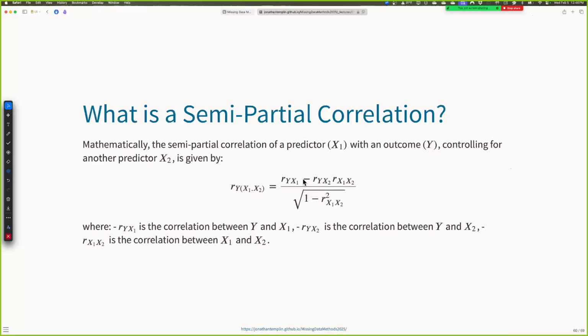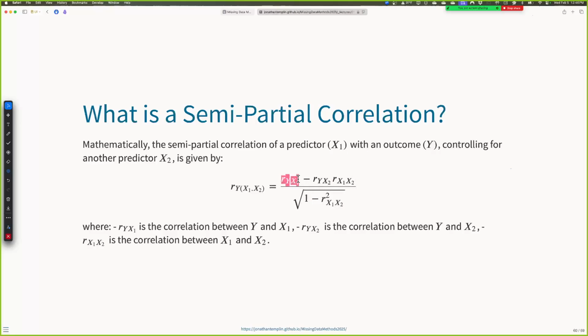These are all Pearson correlation coefficients, by the way. r_y,x1 is the correlation between y and x1, the straight Pearson correlation, no partial involved at all. r_y,x2 is the correlation between y and x2, and r_x1,x2 is the correlation between x1 and x2.